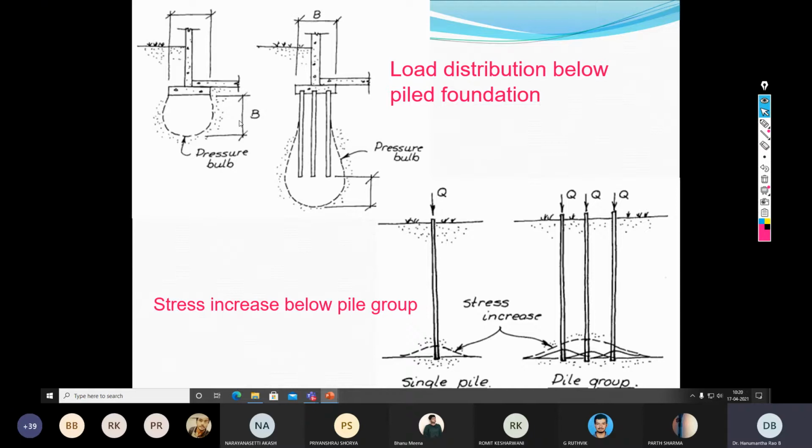If you interpret all these diagrams carefully, one thing is clear: when you go for a pile group, with more than one pile, the group can resist more of the stress coming from the superstructure load. That's what we can infer from all these diagrams.